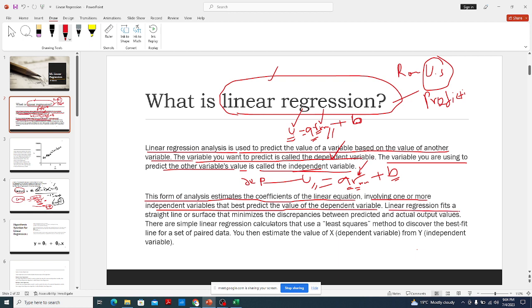Linear regression fits a straight line, or surface, that minimizes discrepancies between predicted variable and actual output.